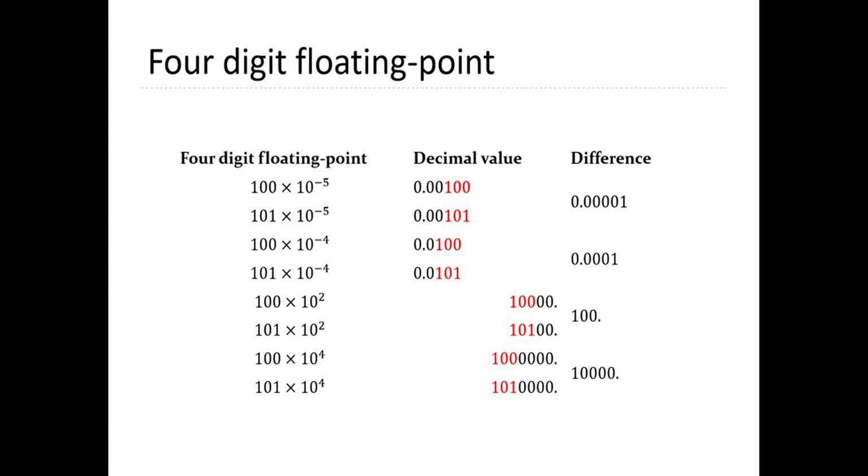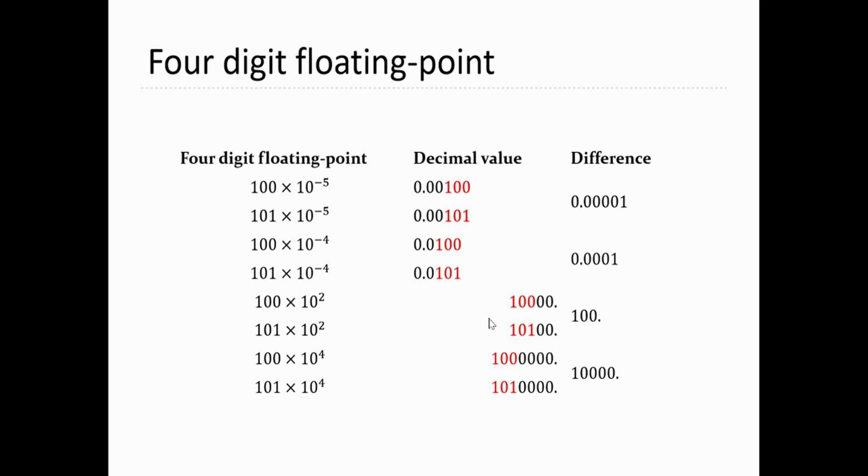The closest floating point number to 10,001 is 10,000. What's the error? It's 1. An ULP is 100, and my error is 1. If I pick the value 10,099, the closest floating point value is 10,100. What's the error? It's 1.